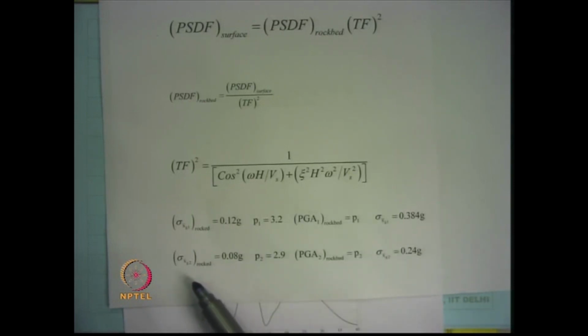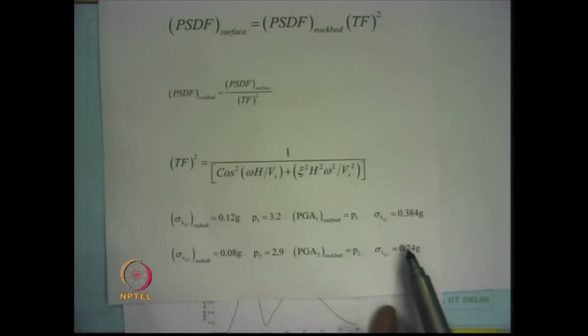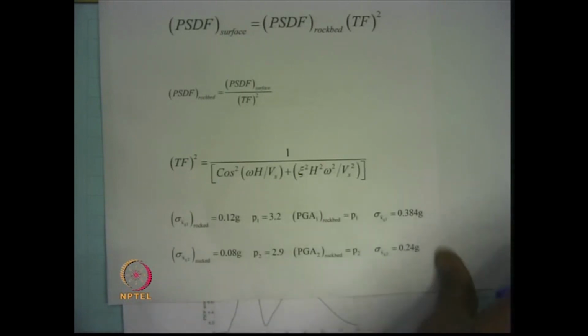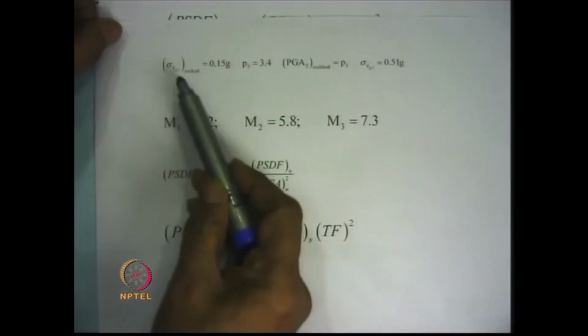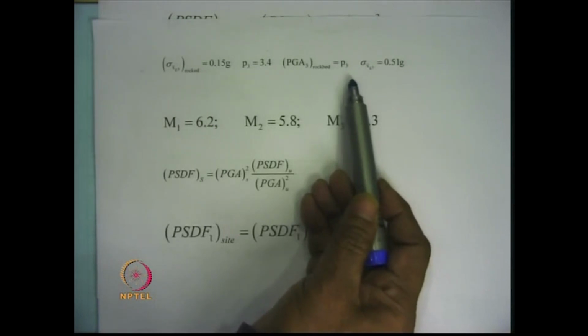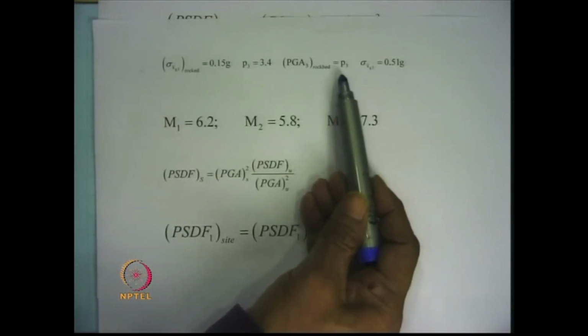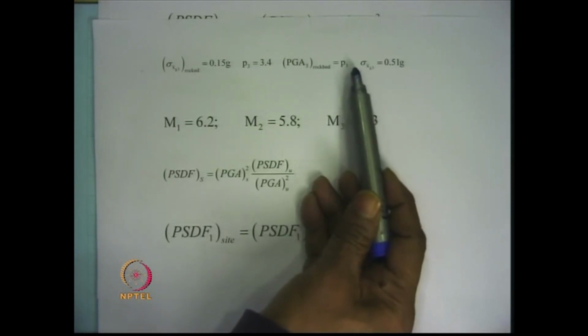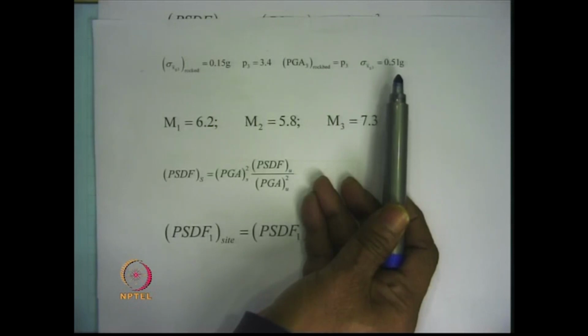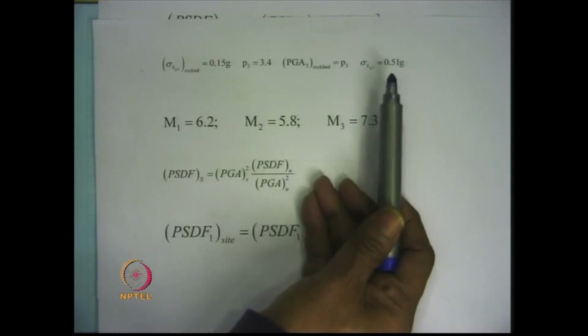Similarly, for site 2 we can find out the peak ground acceleration at the rock bed level from the power spectral density function of the ground acceleration that we have obtained at the rock bed level. And for site 3 also we did the same kind of calculation in order to obtain the peak ground acceleration at the rock bed level from the power spectral density function obtained for site 3.